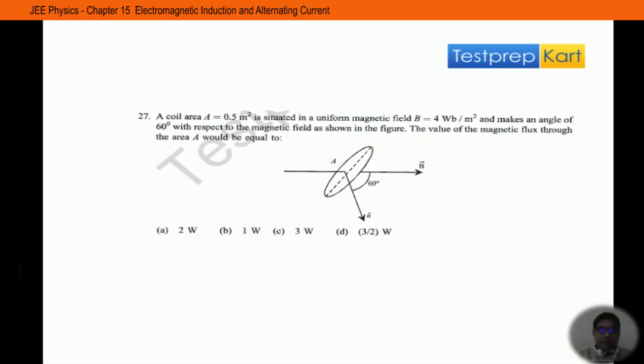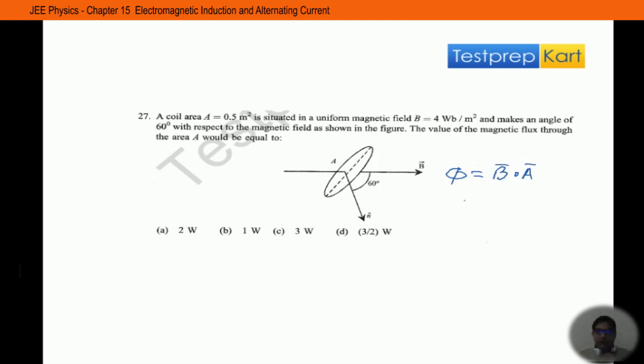Now the next one: a coil of area 0.5 meter square is situated in a uniform magnetic field of 4 Weber per meter square, and makes an angle of 60 degrees with respect to the magnetic field as shown. What is the value of magnetic flux? This is a direct question. We already know that flux is the dot product of magnetic field and area of the coil.